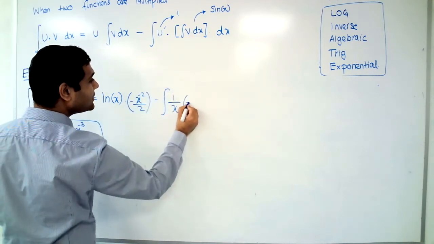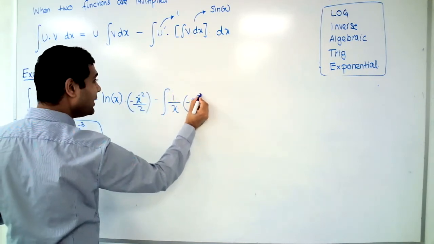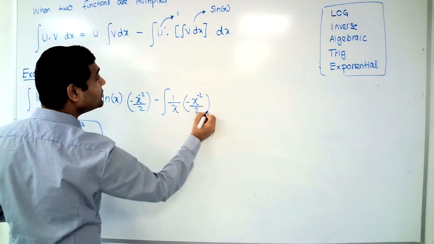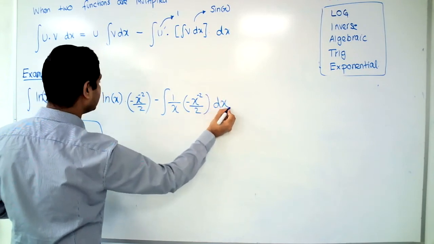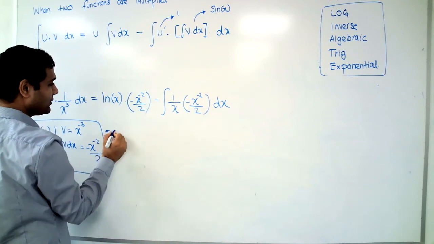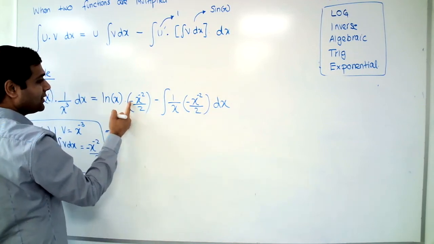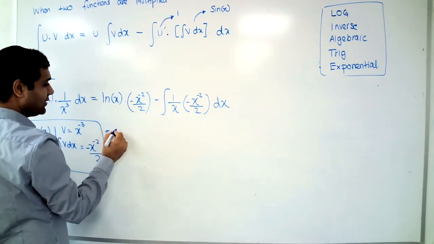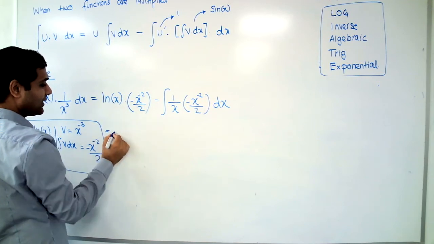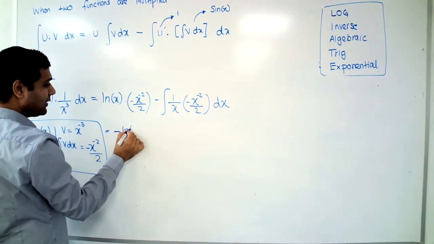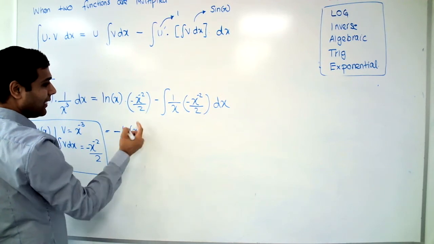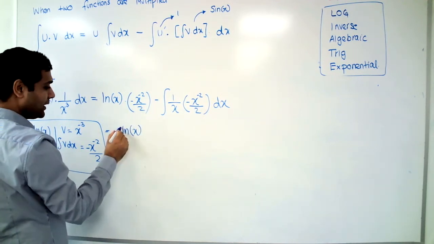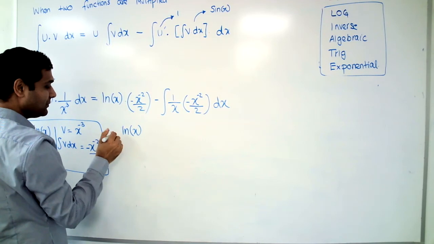It's a minus x to the minus 2 over 2 dx. Okay, let's sort this one out. This minus I can bring to the front, minus 1 over 2, ln x, and this 1 over 2, I can put the 1 over 2 here as well.